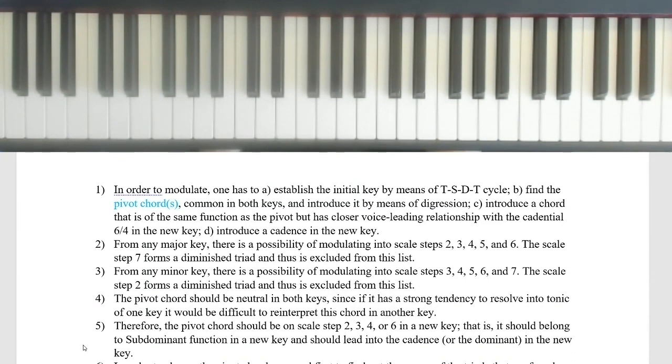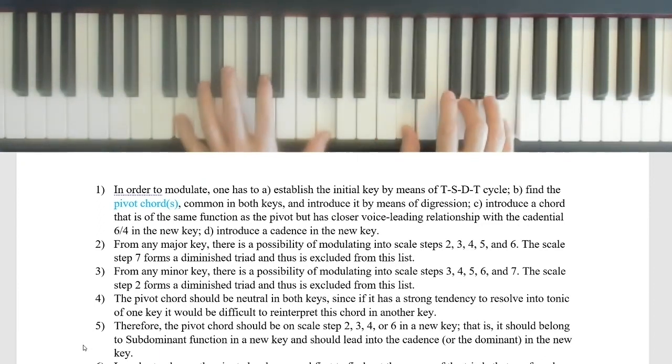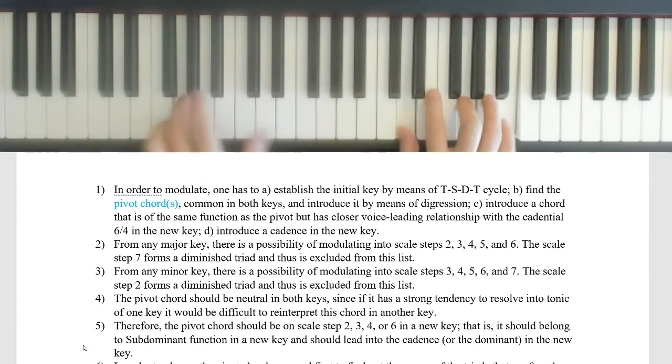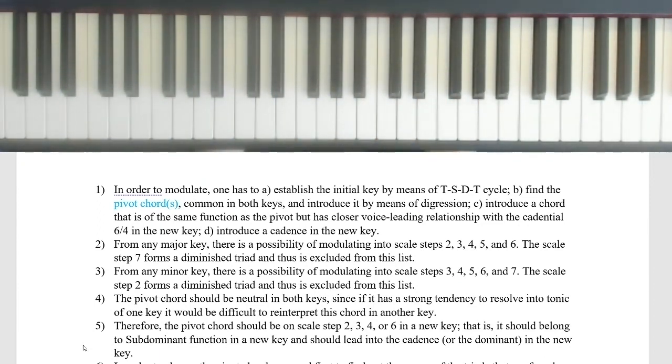The pivot chord should be neutral in both keys, since if it has a strong tendency to resolve into the tonic of one key, it would be difficult to reinterpret it as a chord in another key. For this reason, I suggest that we should not use the dominant in the initial key as a pivot chord, because it has a tendency to go, it's very difficult to reinterpret it, so it's not desirable.